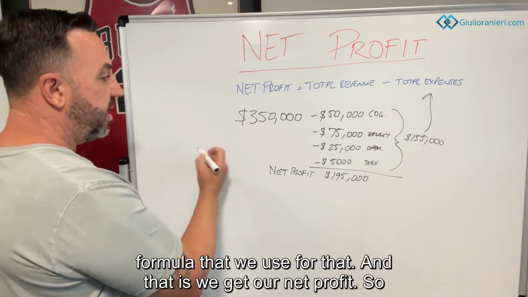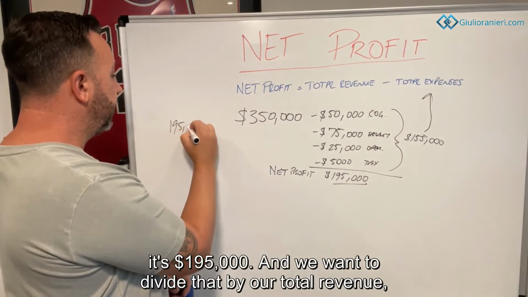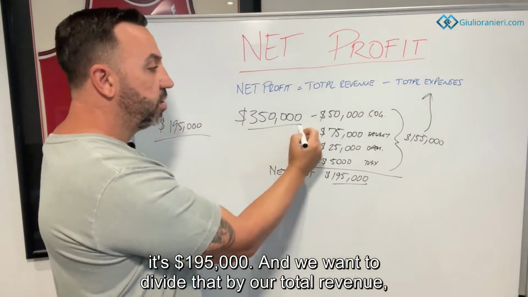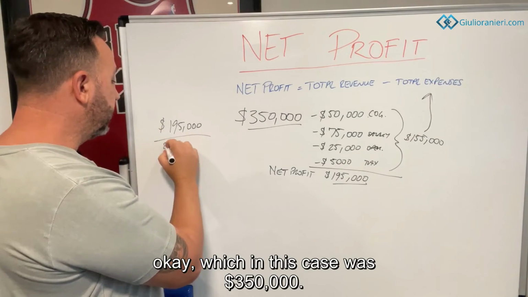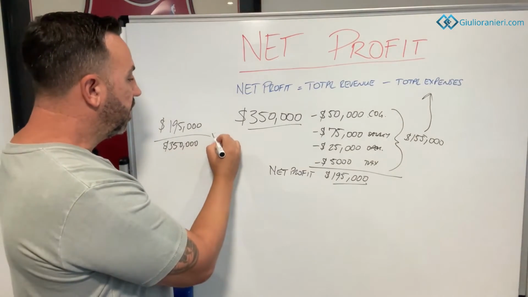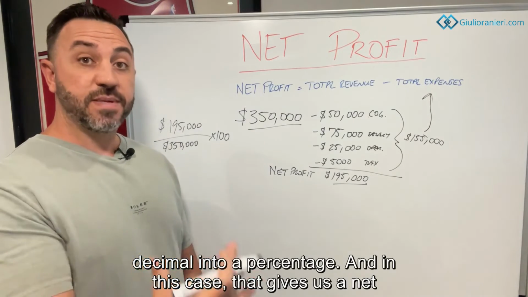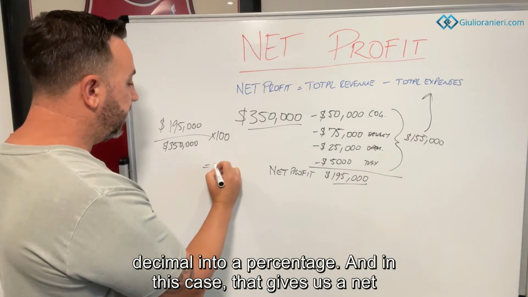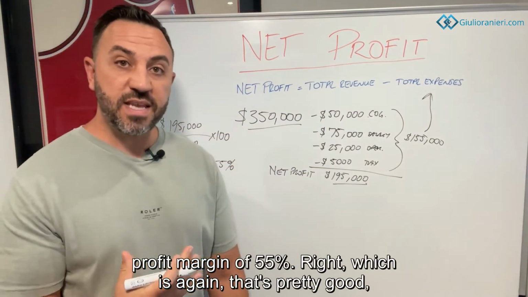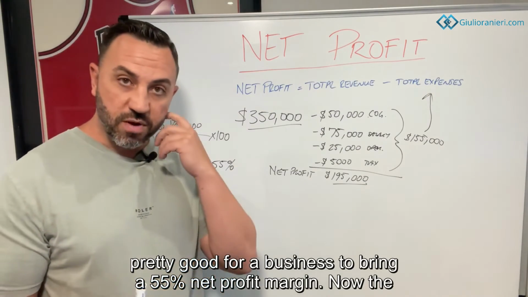We get our net profit, so it's our $195,000, and we divide that by our total revenue, which in this case was $350,000. We multiply that by 100 because that converts our decimal into a percentage. And in this case, that gives us a net profit margin of 55%, right? Which is pretty good for a business to bring in a 55% net profit margin.